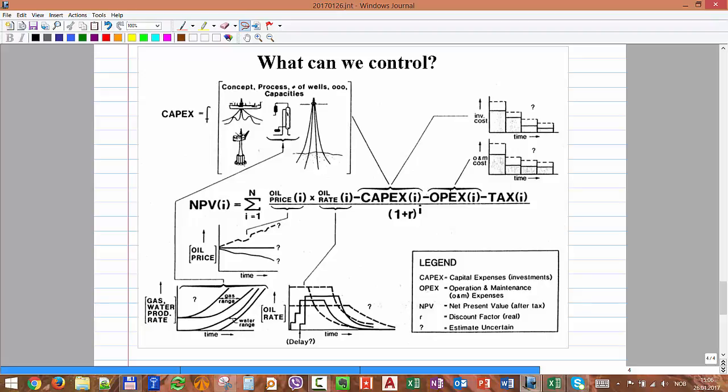Then the oil price, we really cannot do much about it, cannot control it, but we have to be sure that the NPV that we obtain is robust. If we change the oil price, that it will still be positive. Okay. Then capex, again, depends on what I select. If I want to go for an FPSO, if I want to go for a platform, if I want to use this processing facility, if I want to drill this number of wells, that is impacted by capex.